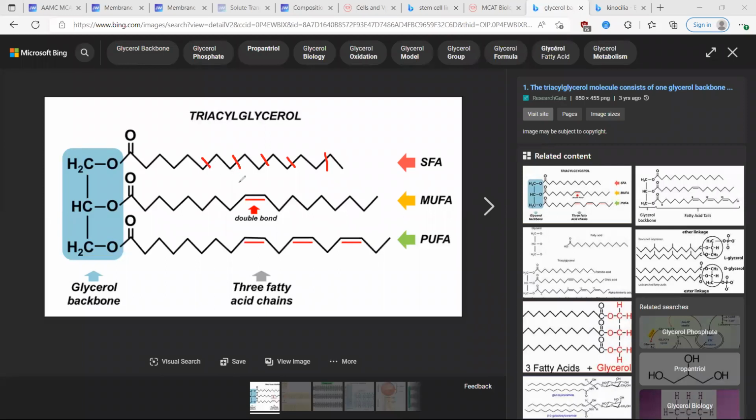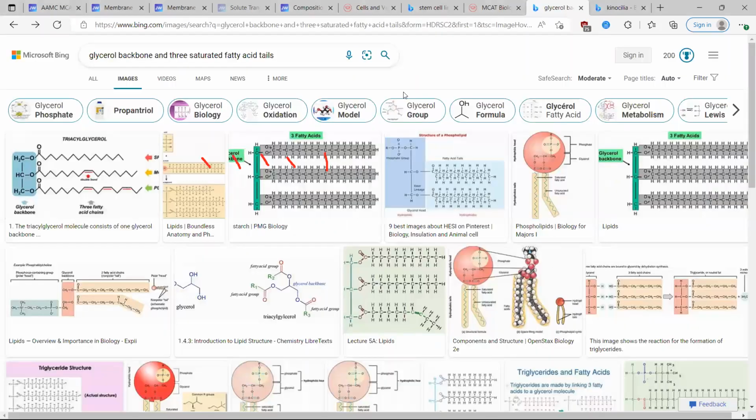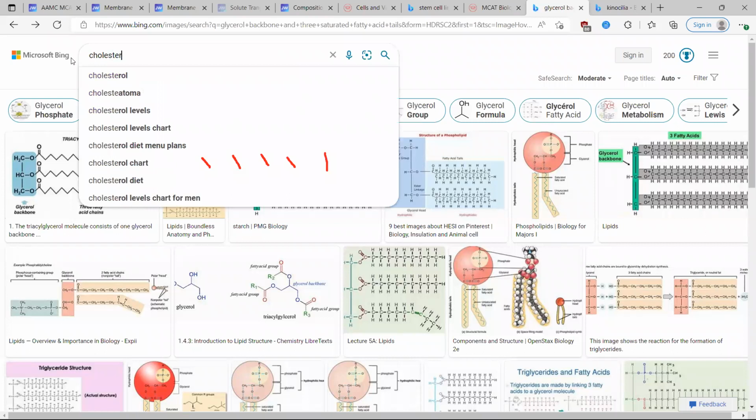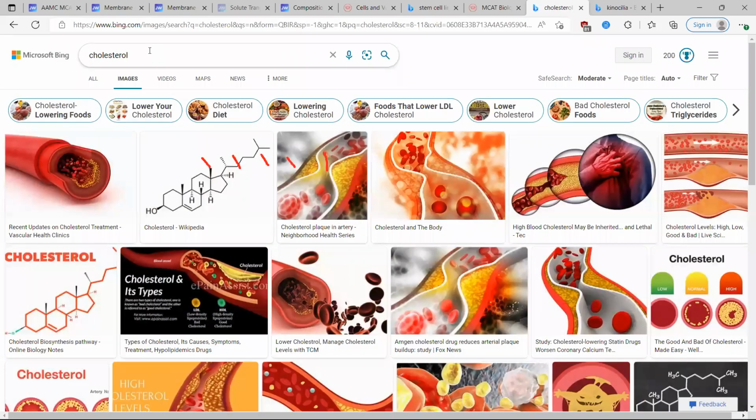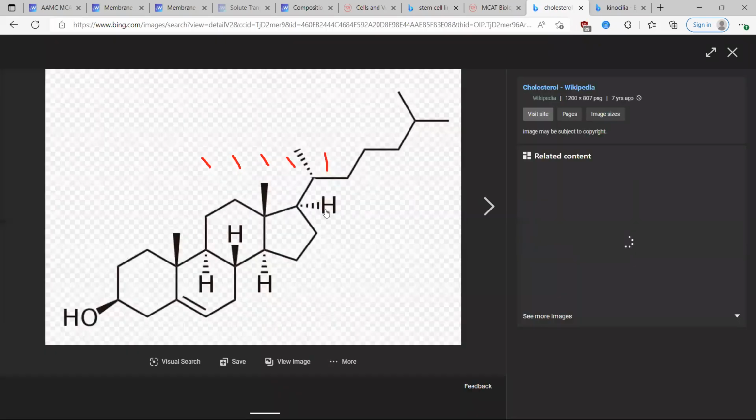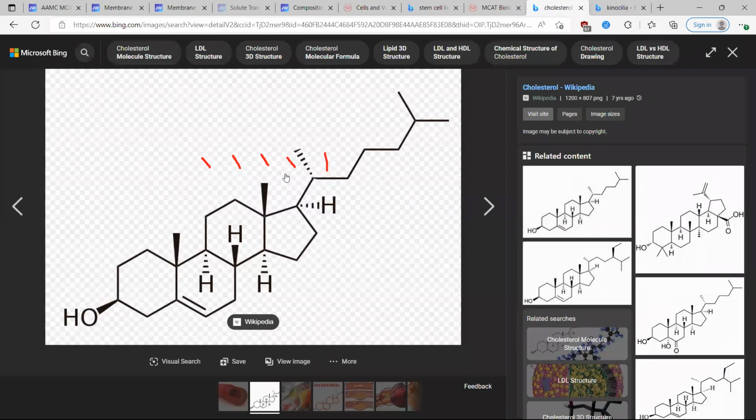And every time we break it, we're getting energy. So that's why the structure of this is good for energy breakdown, which is what it does. Whereas cholesterol is a ring structure. And this structure is good for building hormones. So we have different hormones that are cholesterol based in terms of structure.